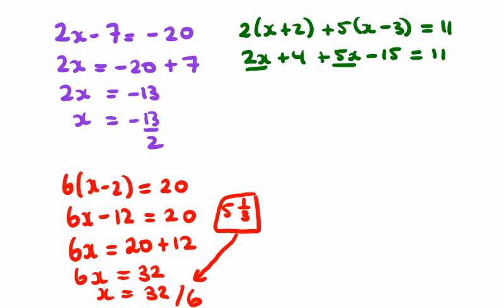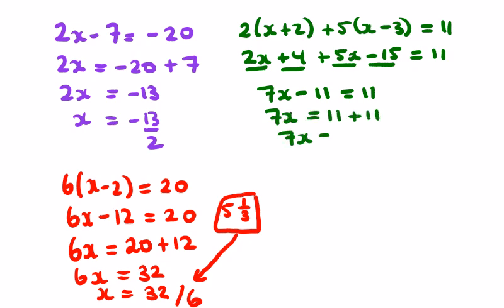Combining like terms, we get 7x. We could combine the like terms on this side as well. We're going to get minus 11 equals 11. So 7x equals 11 plus 11. 7x equals 22. So x equals 22 over 7. And that's it, fully simplified.